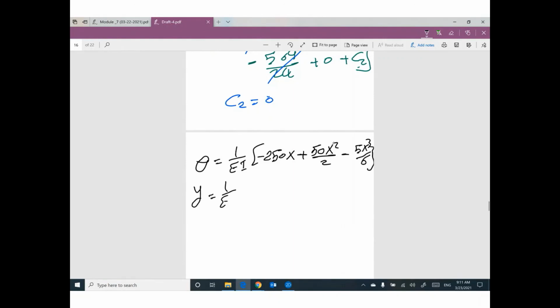Y equals 1 over EI, negative 250x squared divide 2, plus 50x to power 3 divide 6, minus 5x to power 4 divide 24. C1 and C2 equal 0. This is the final equation.